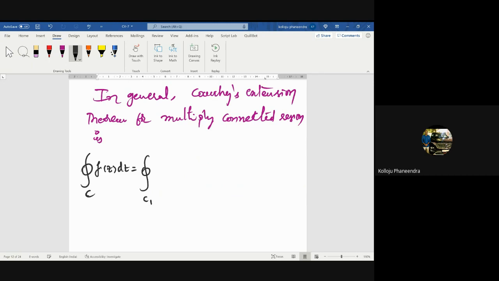Multiply connected region means there are, for example, n holes. N holes are there. F of z dz and so on.